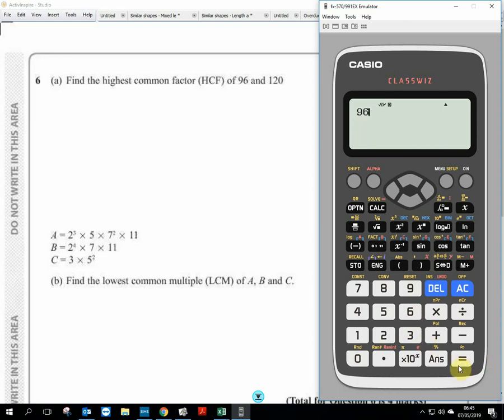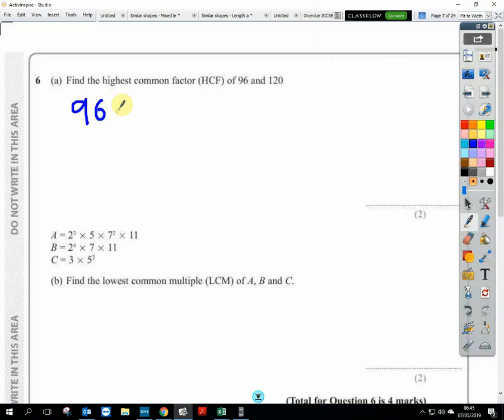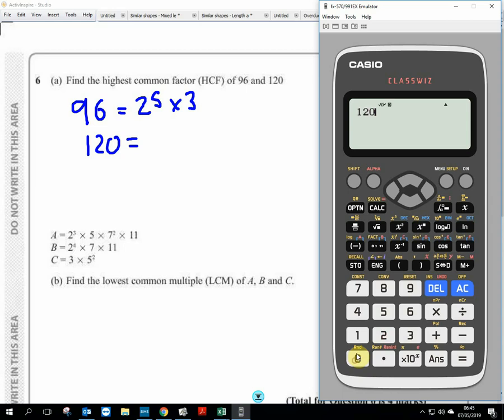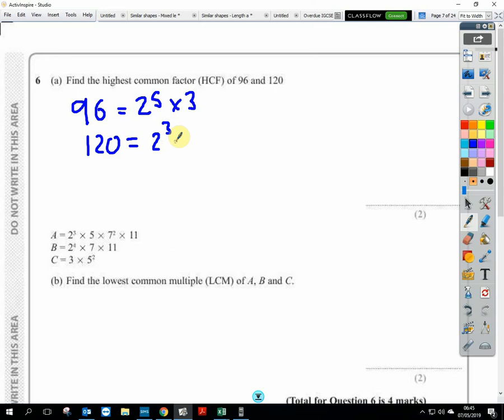So type in 96, press equals, then press shift and the fact button. So we know that 96 is 2 to the power of 5 times 3, and 120 is 2 to the power 3 times 3 times 5.